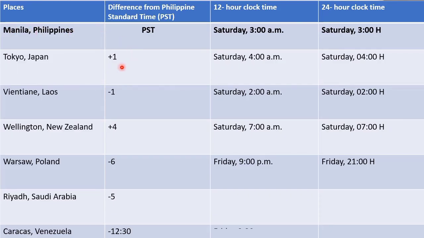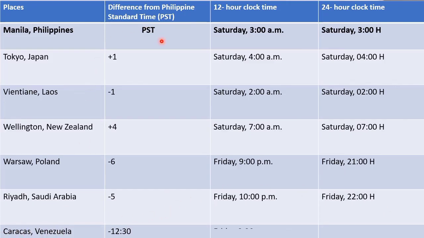So, kung ang time kay Manila, Philippines ay Saturday, 3 a.m., so we will just subtract 5 hours from Saturday, 3 a.m. So, the time in Riyadh, Saudi Arabia is Friday, 10 p.m. And the equivalent of Friday 10 p.m. in 24-hour clock time is, we will just add 12 kay 10. So, Friday 2200 hours.